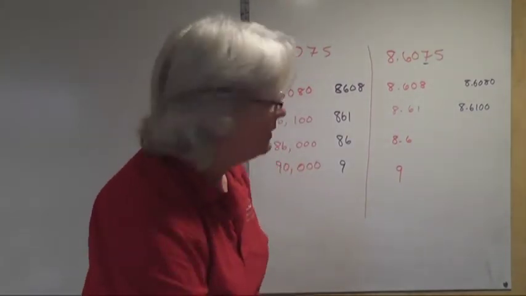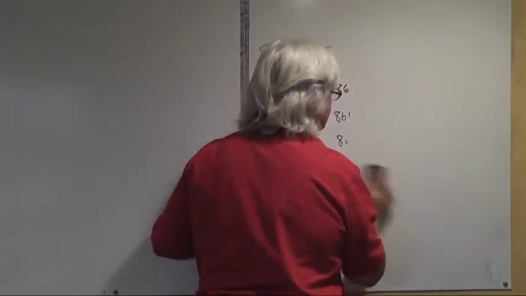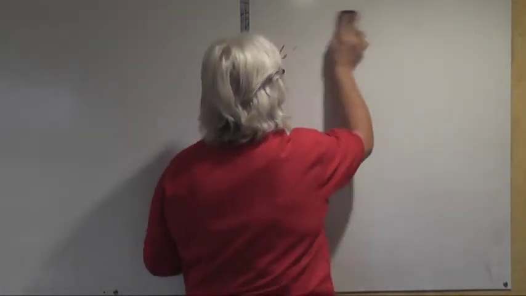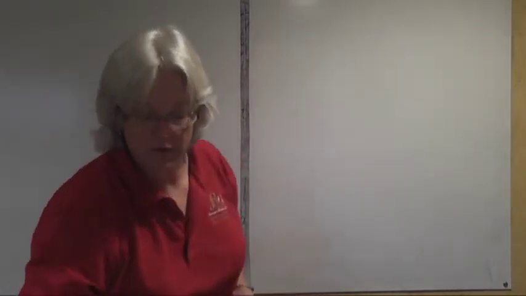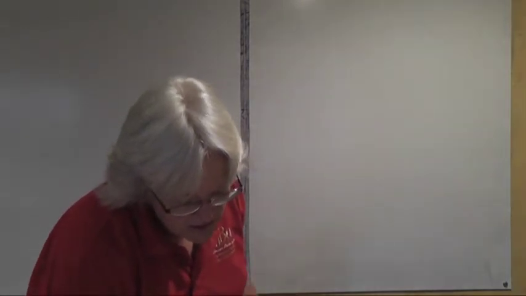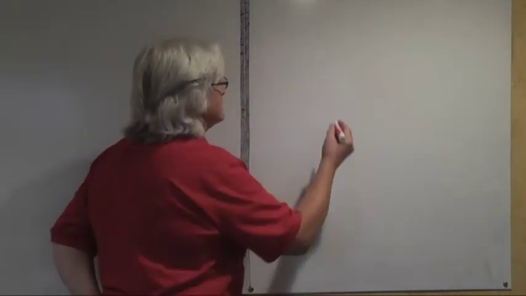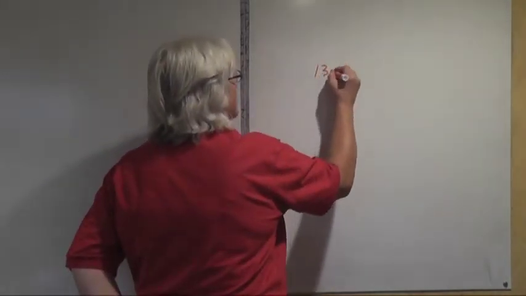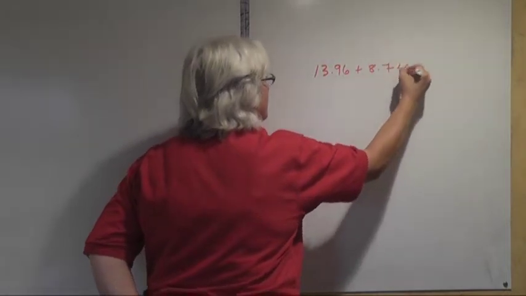Now, how are we going to estimate sums and differences with decimal numbers? We're going to do that exactly the same way that we estimate sums and differences with whole numbers. For example, let's say that n is 13.96 plus 8.74.